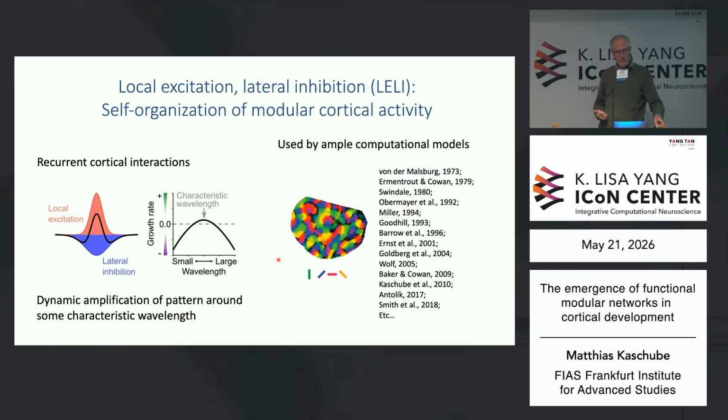Some of these papers model activity. Some of the papers model directly the relationship between tuning curves, but they all share this basic dynamical mechanism for generating the modular structure that is visible in this orientation preference map.